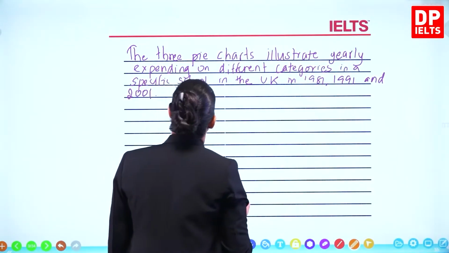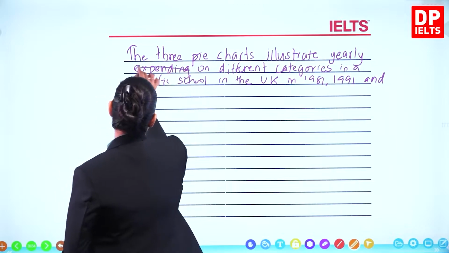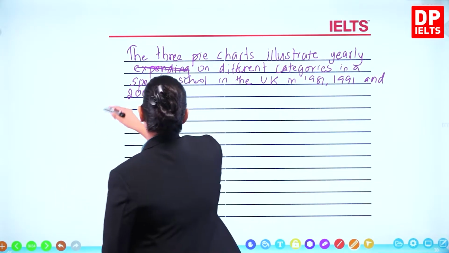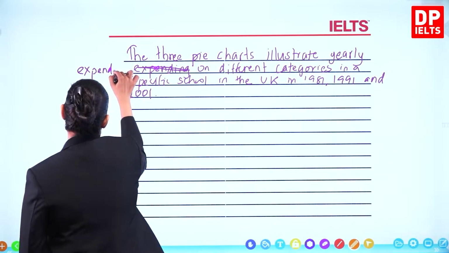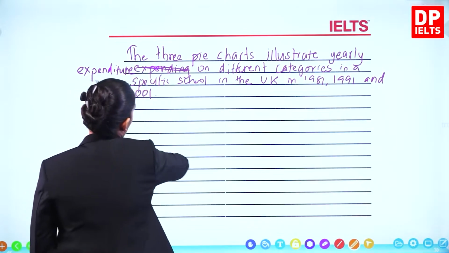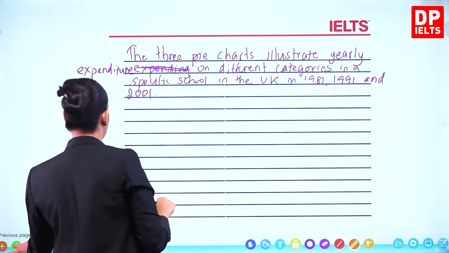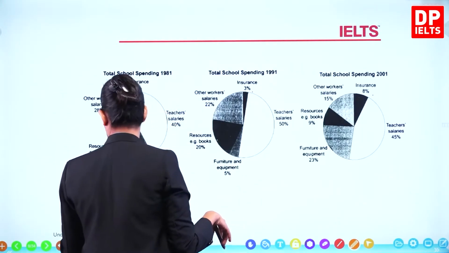Right, so the 3 pie charts illustrate yearly expenditure, we should write. Let's write yearly expenditure, on different categories in a specific school in the UK, 1981, 1991 and 2001.